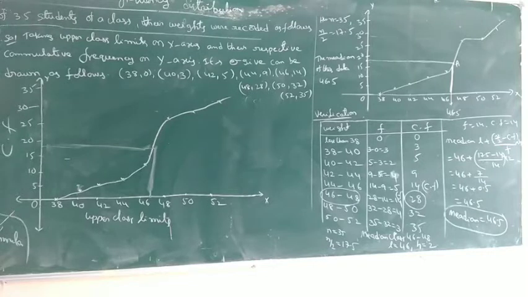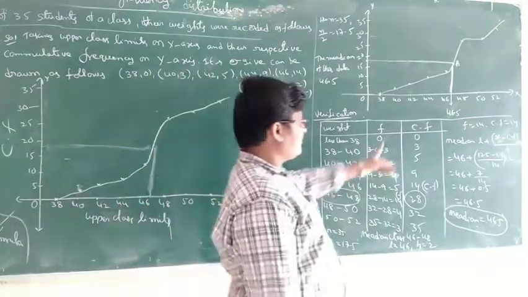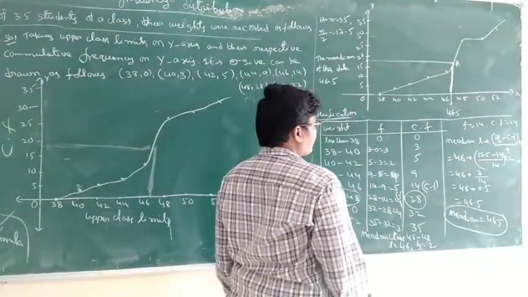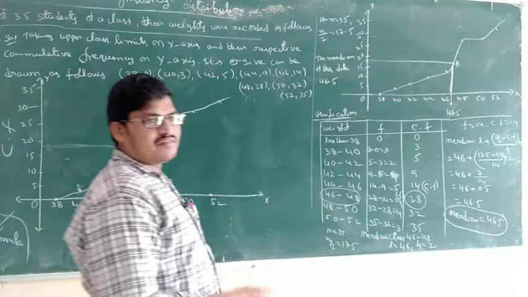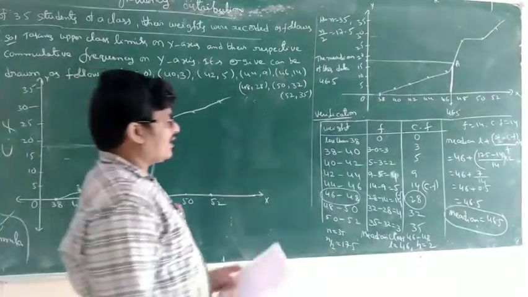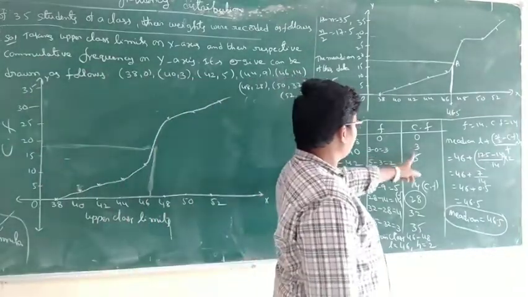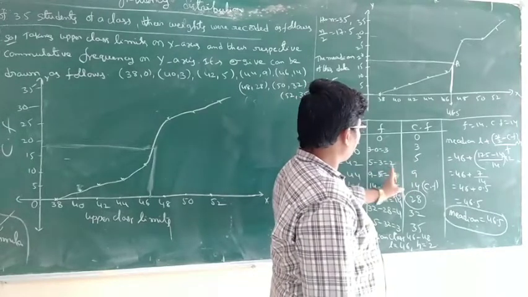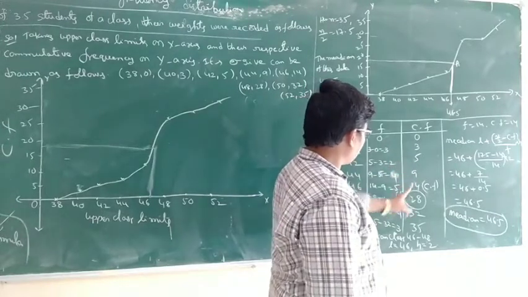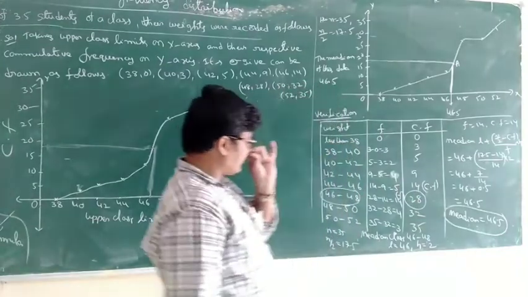Less than 40 includes less than 38, so for 38 to 40 it is 3 minus 0, 5 minus 3, 9 minus 5, 14 minus 9. These are the frequencies. Cumulative frequency is always adding: 0 plus 3, next 3 plus 2 is 5, 5 plus 4 is 9, 9 plus 5 is 14. This is the cumulative frequency.